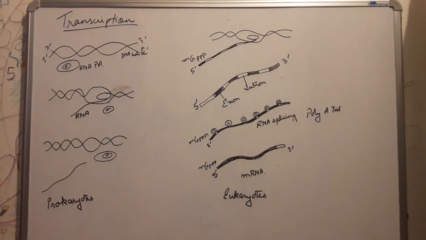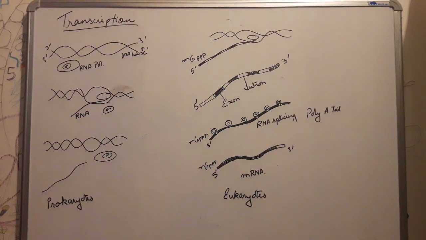Here RNA polymerase 1 transcribes the rRNA, ribosomal RNA, RNA polymerase 2 transcribes the mRNA, and RNA polymerase 3 transcribes the tRNA, 5S RNA and snRNA. Now this is monocistronic, that means it has only one gene. The initiation of transcription requires an initiation factor.